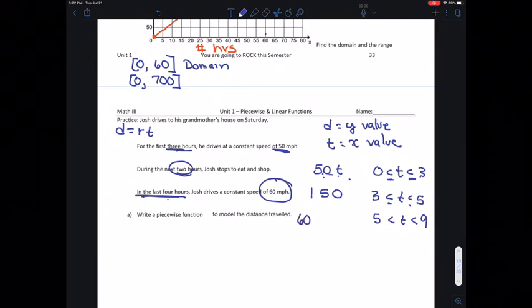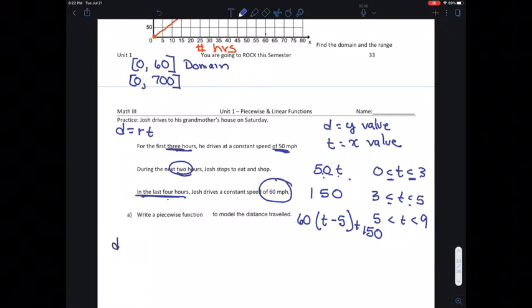So it's 60 miles per hour, that's my slope. But for my time, I have to subtract the 5 hours that I've already traveled. And I have to add where I'm already, 150 miles from home.